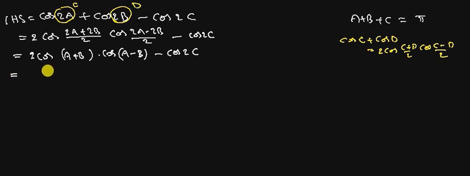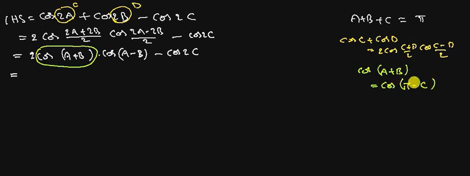And now the question is, how much is cos of a plus b? Look here. Cos of a plus b is equal to cos of pi minus c. Why? Because from this equation, a plus b is pi minus c, and pi minus c lies in the second quadrant.